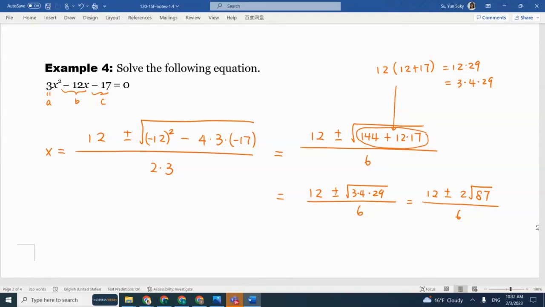But you see 6, 2, and 12, they have a common factor of 2, right? Common factor is 2. So we can factor out a 2. What's the numerator after we factor out the 2?